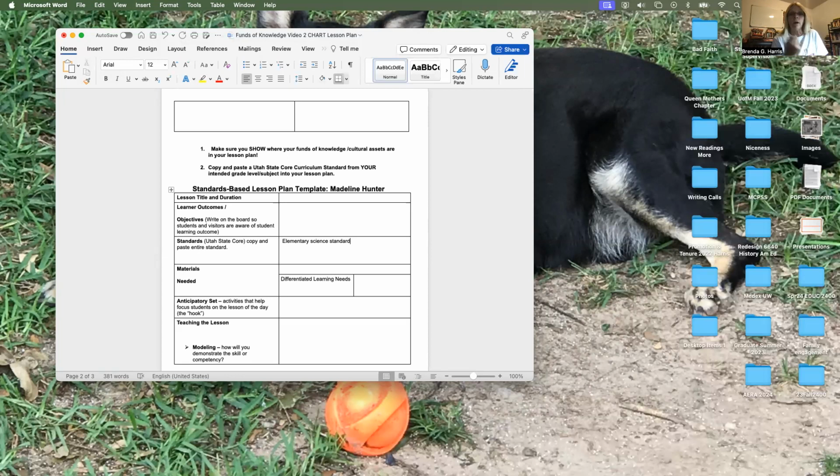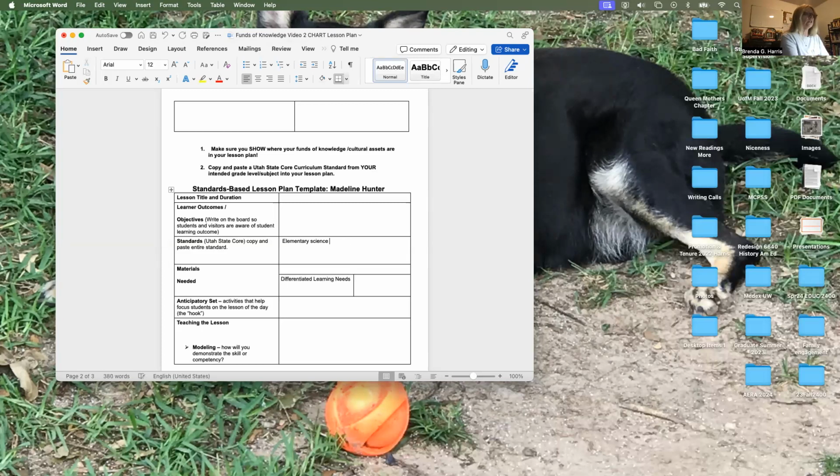maybe it's about the role of heat in chemistry or something like that. And so I need to find the exact state core curriculum to copy and paste right here.